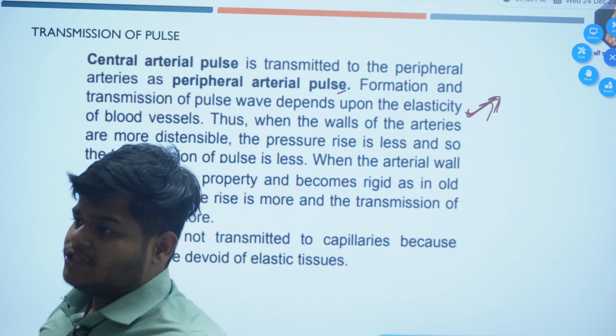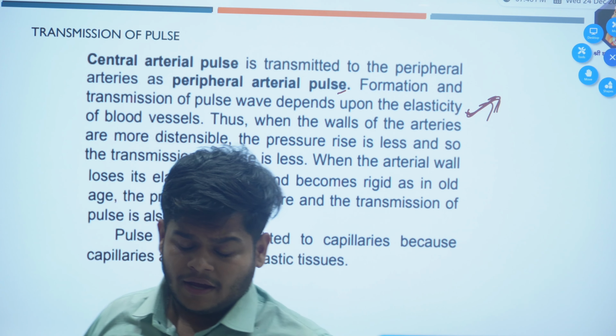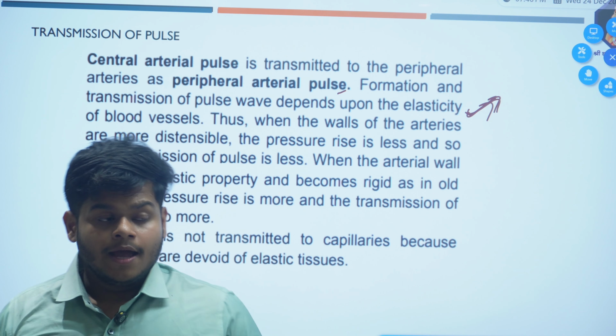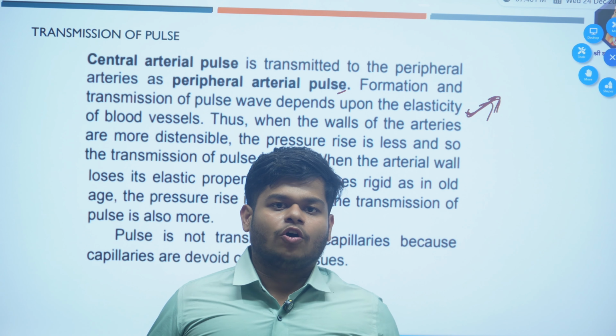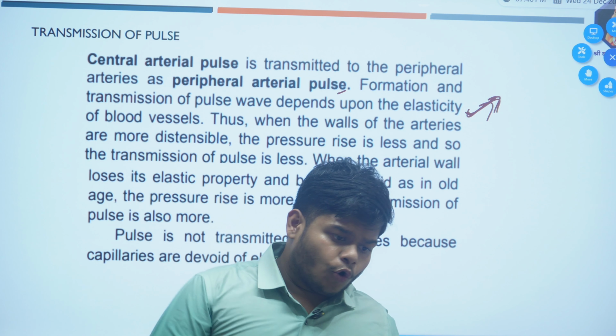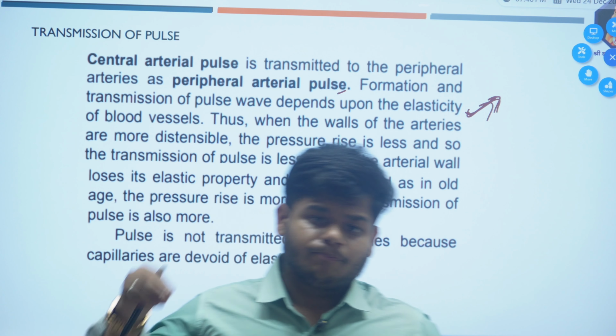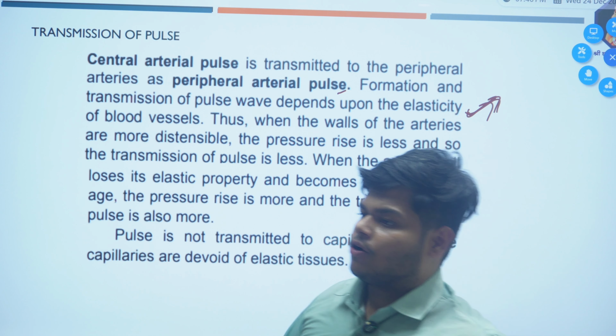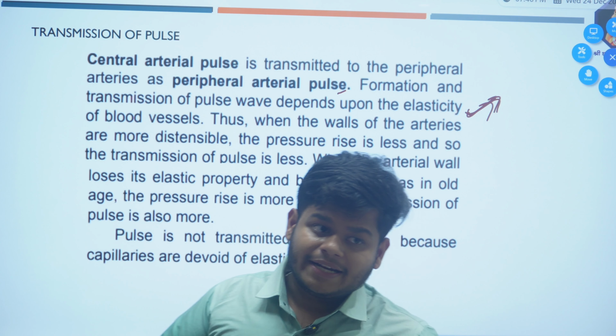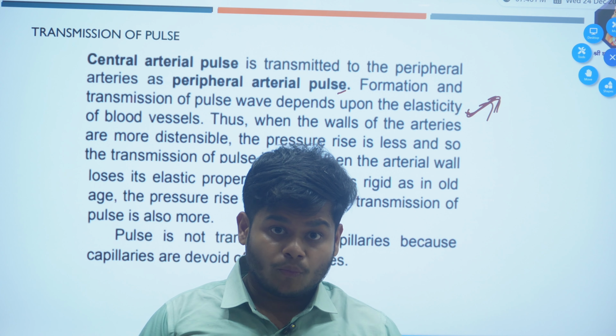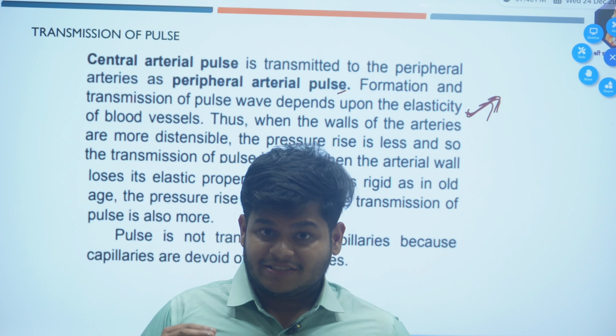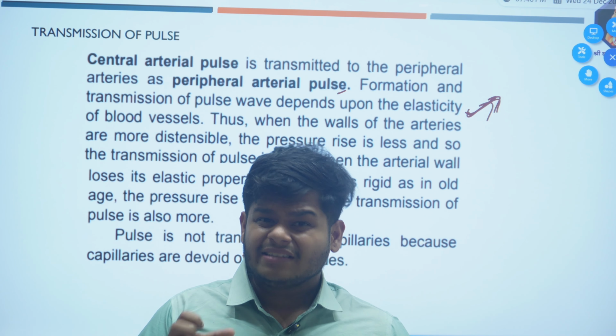Now, let us assume a balloon. A balloon is stretchable, as we all know. When we blow air into it, or pour water on it for Holi, it gets stretched, and some pressure is created, but that pressure is little.